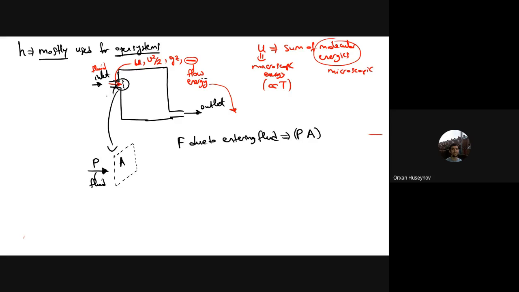Now we are talking about the energy. This entering fluid will apply this force for some length.